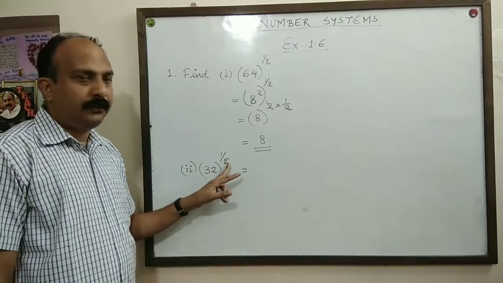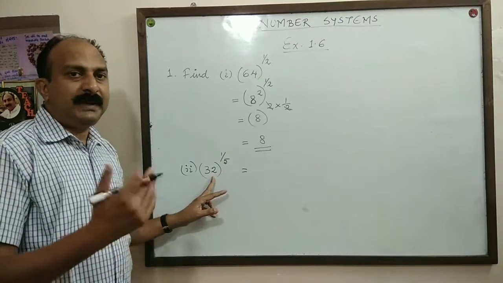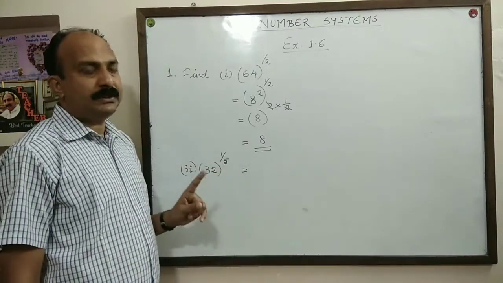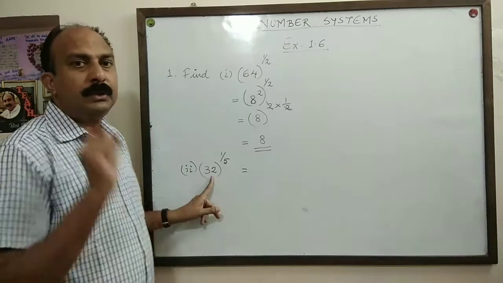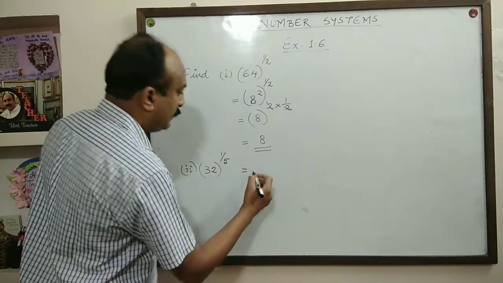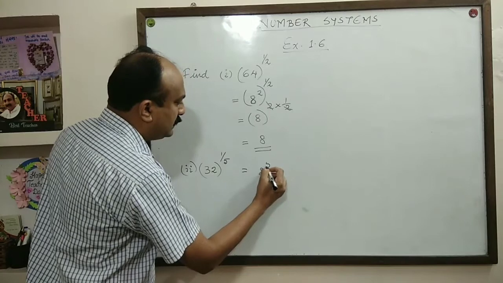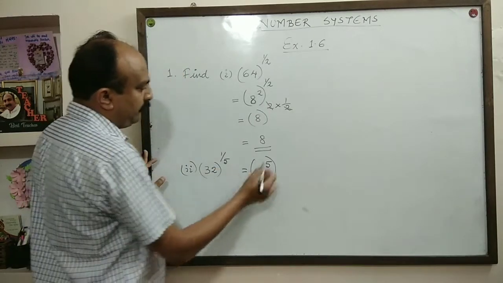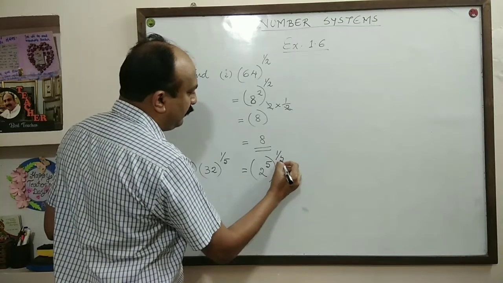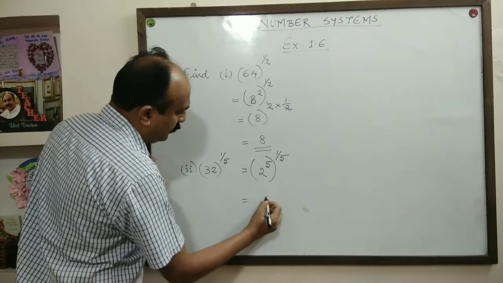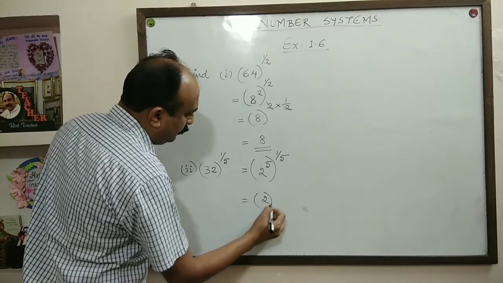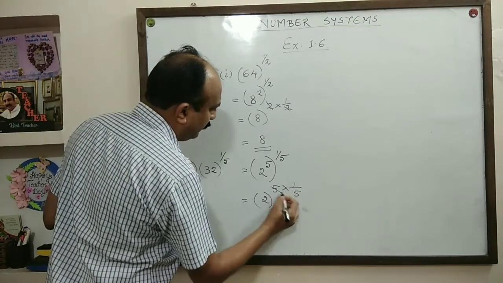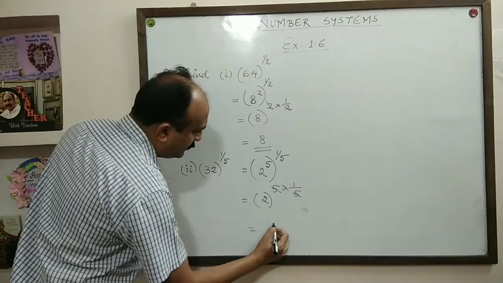Denominator of the power is 5, so 32 must be expressed as something power 5. And you must know 32 is 2 power 5. So it will become 2 power 5, the whole power 1 upon 5. By rule, it is 2 power 5 into 1 upon 5. 5 and 5 got cancelled. Answer is 2.